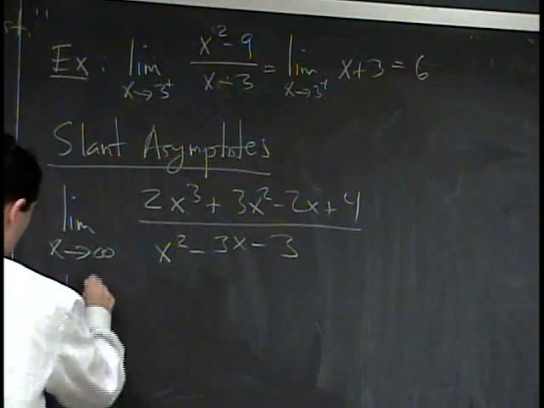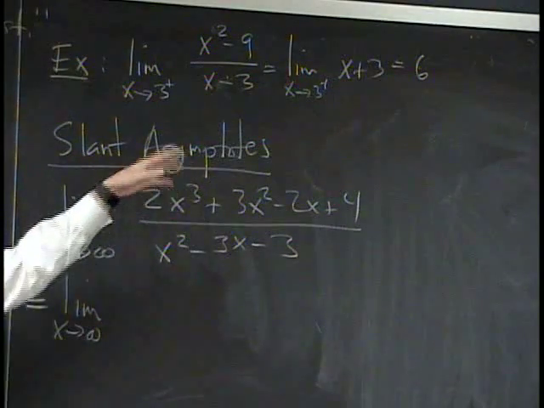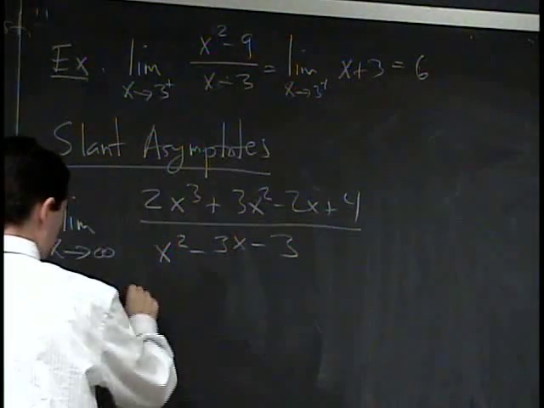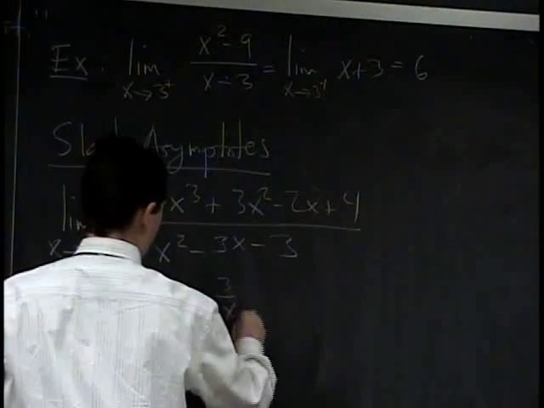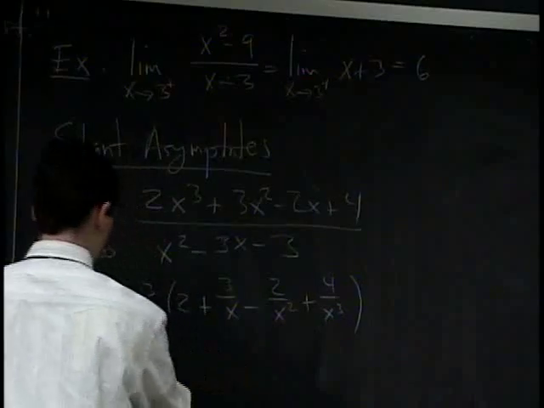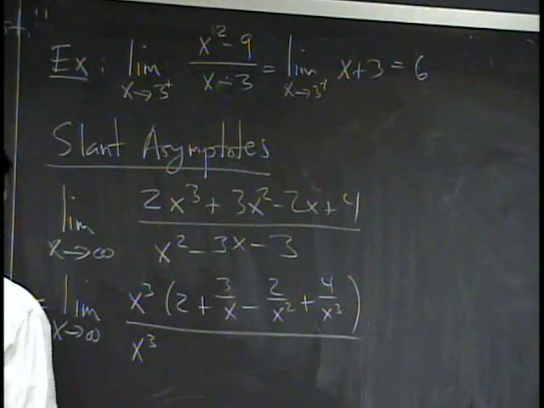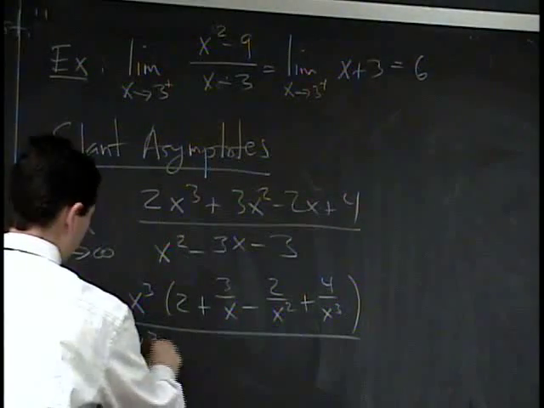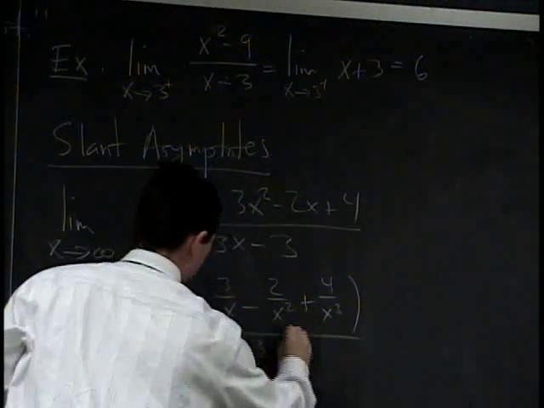in a test, so we're going to write down all our steps. So we say, okay, let's factor out our x cubed on the top, and we get our 2 plus 3 over x minus 2 over x squared plus 4 over x cubed. And then on the bottom, if we factor out an x squared, we would get 1 minus 3 over x minus 3 over x squared.